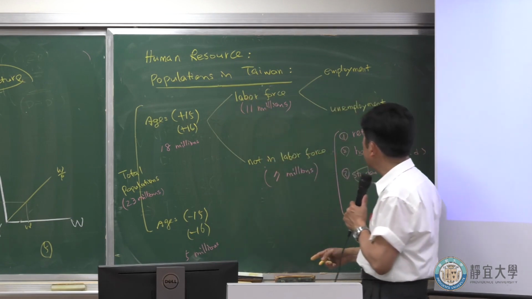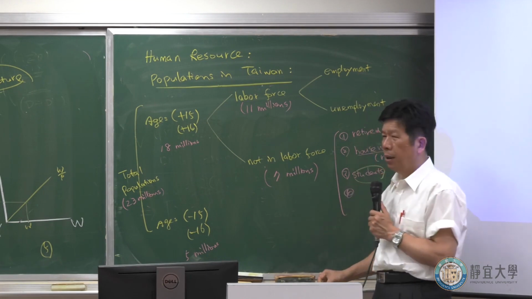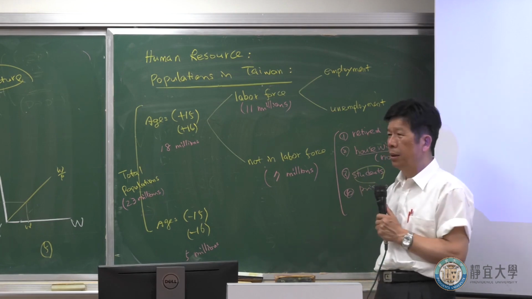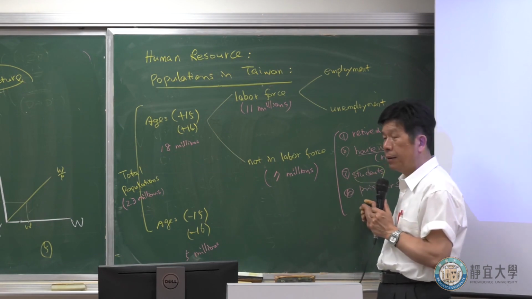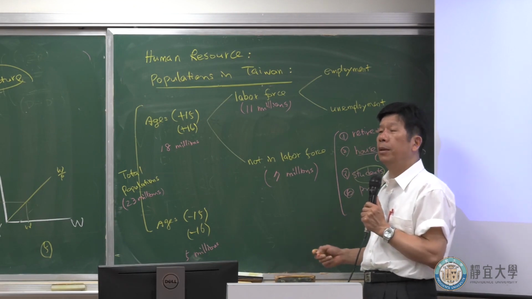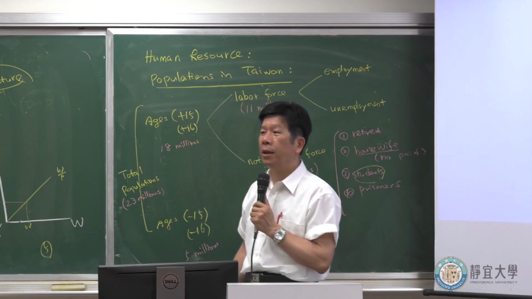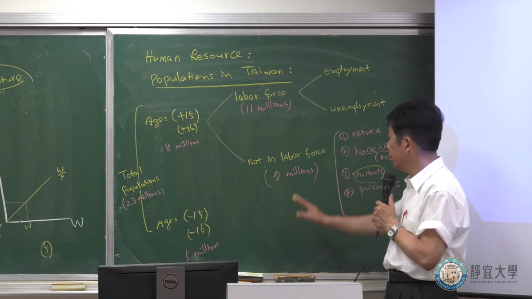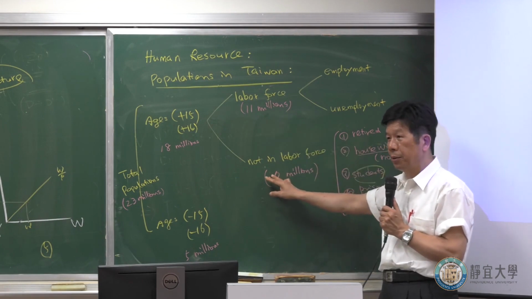You can also see another group, maybe those in prison. Some people did something wrong, so they are kept in a special area. I'm not sure, like the former president, the lady, maybe she is living in prison, so her position moves from the labor force to not in the labor force.